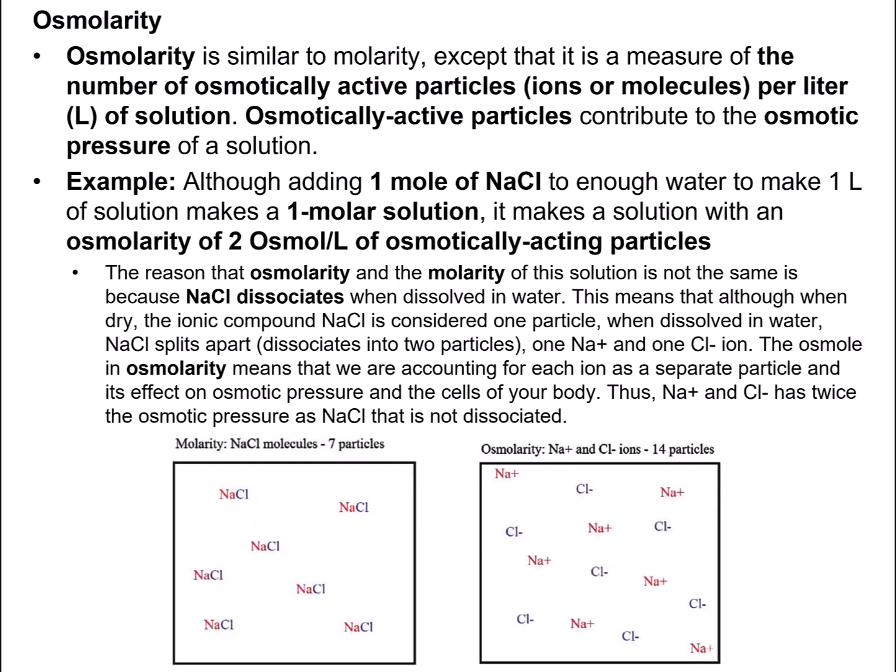We say it dissociates, and it dissociates into 2 particles, 1 sodium and 1 chloride ion. The osmo in osmolarity means that we are accounting for each ion as a separate particle and its effect on osmotic pressure in the cells of your body. Thus, dissociated sodium chloride has twice the osmotic pressure of undissociated sodium chloride, and we have to take that into account when we're adding ions to solutions.